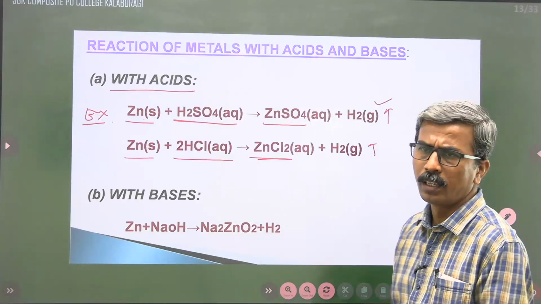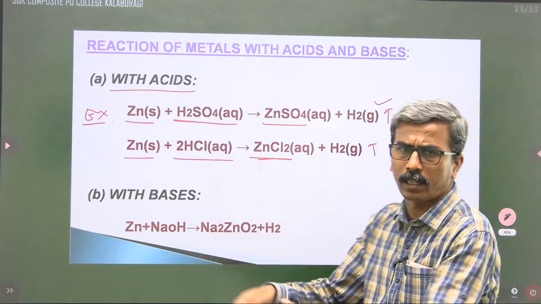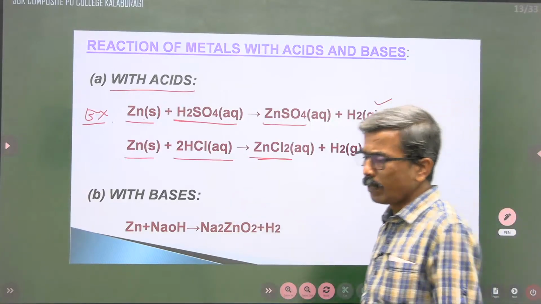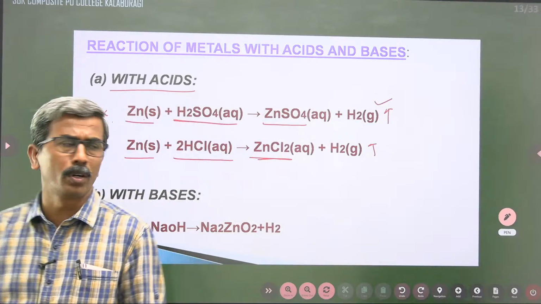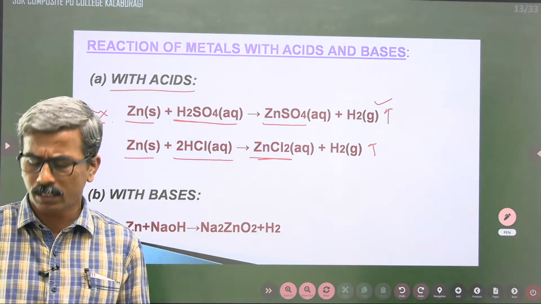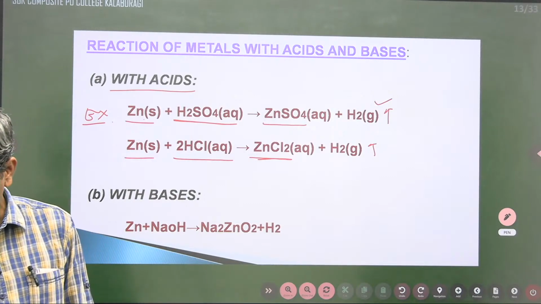Here we can cross check or verify whatever definition I said in the beginning. Similarly, you can take not only this one metal, but due to time restriction we are taking only a few examples.